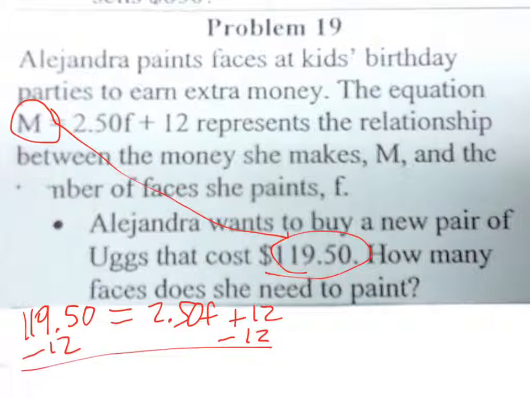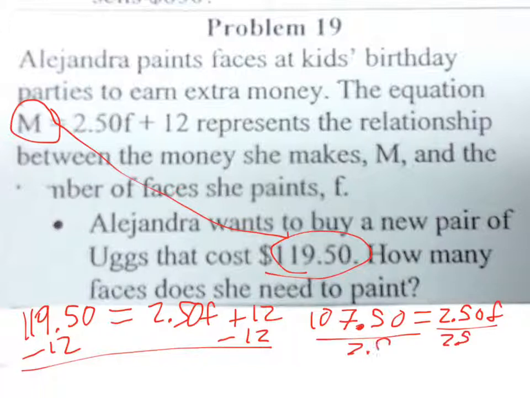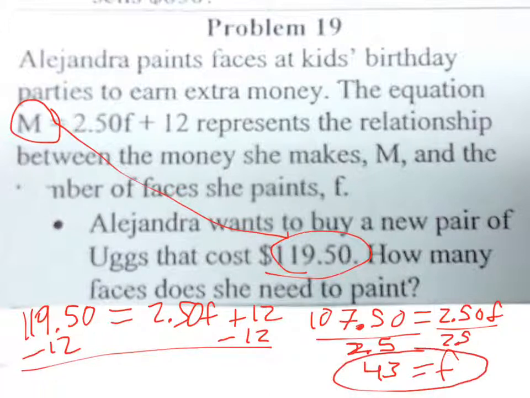You're looking at 107.5 equals 2.5F. And now you just divide both sides by the 2.5. And we get F equals 43. Just like that.